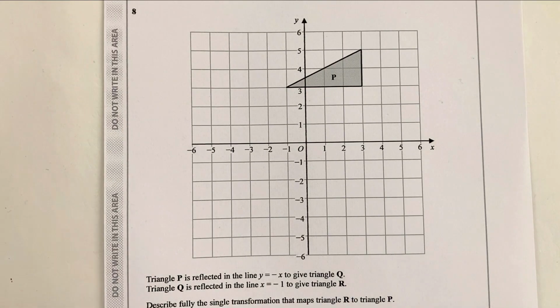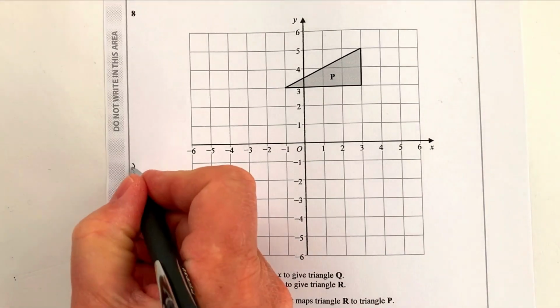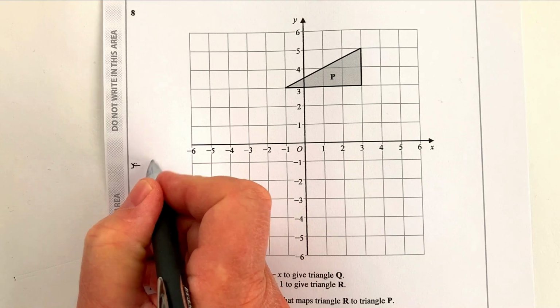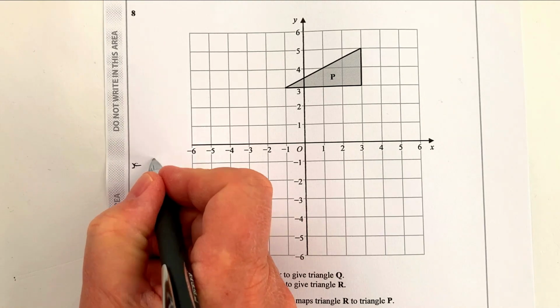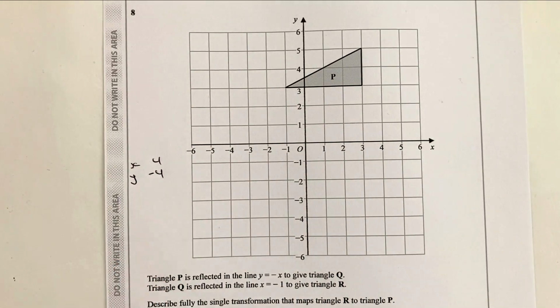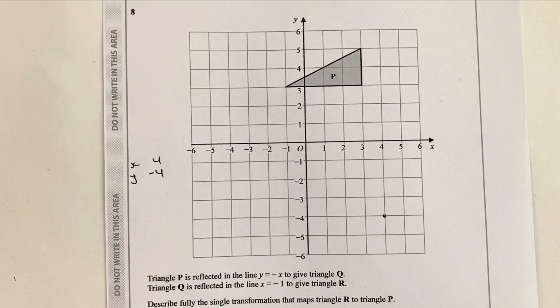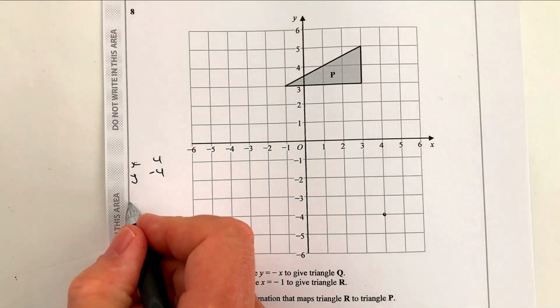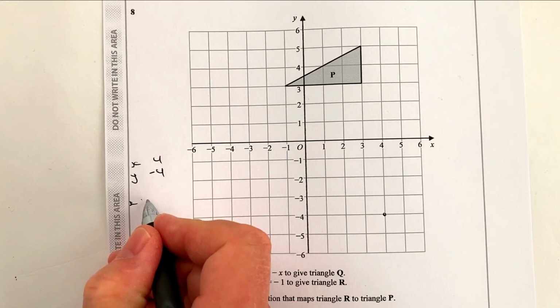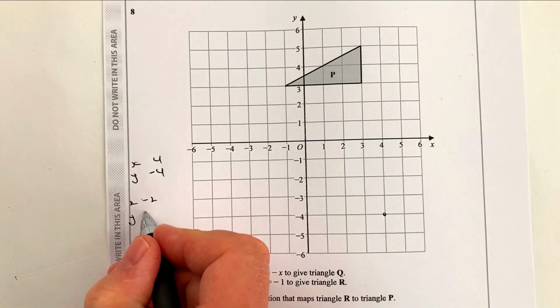Effectively, if I have y equals negative x, and the value of x is, say, 4, then the value of negative x is going to be -4. So in other words, I come along to 4 and go down to -4. If the value of x is, let's say, -2, then the value of y will be +2.